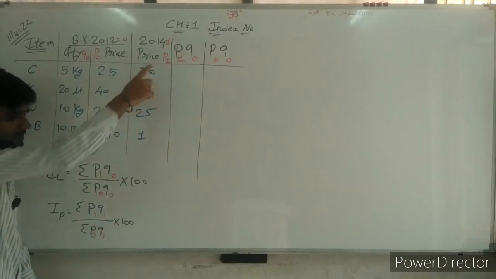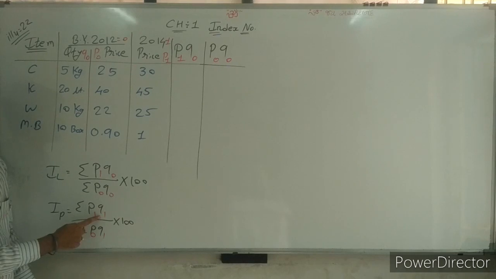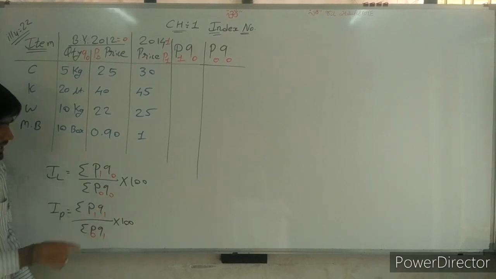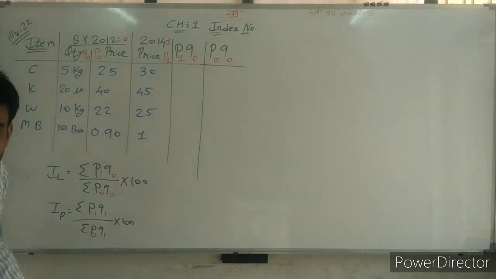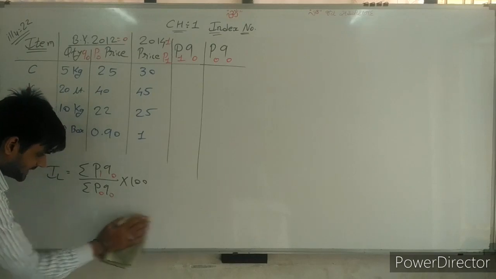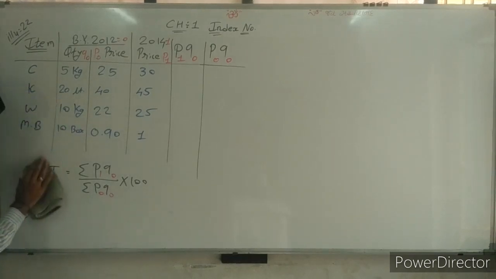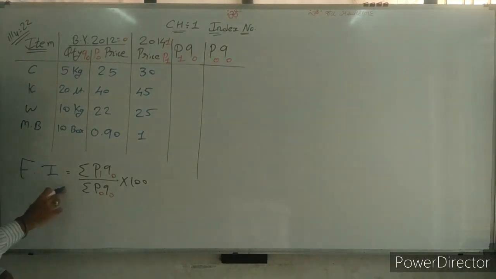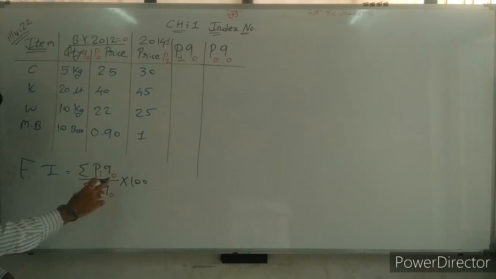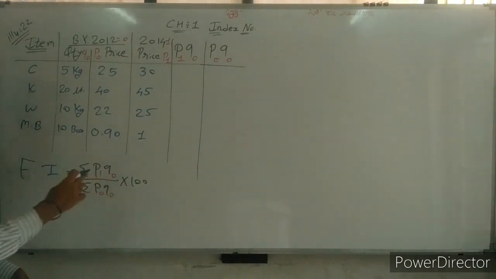We have a value of P1, but we don't have a value of Q1, and that's why I cannot multiply both. So I cannot find Paasche index number. So this formula is not possible for me. I am finding only this index number and writing: fuel index is equal to sigma P1Q0 divided by sigma P0Q0 into 100. This is my fuel index number. That's it.